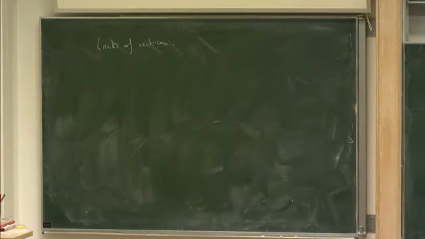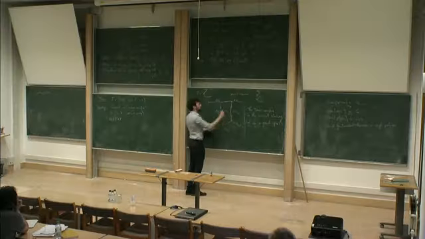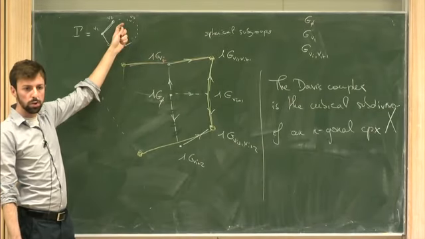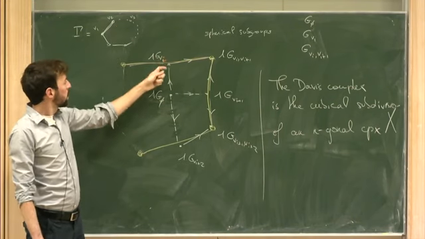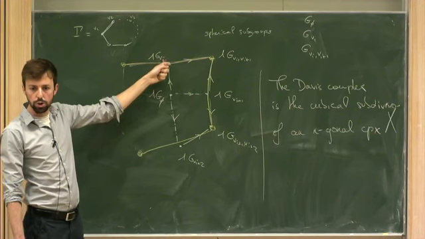We know that the action is without inversion, so there's exactly n orbits of edges. So I can color every edge by the index i, corresponding to the vertex of the graph, such that the stabilizer of that edge is, up to conjugation, of the form GV.